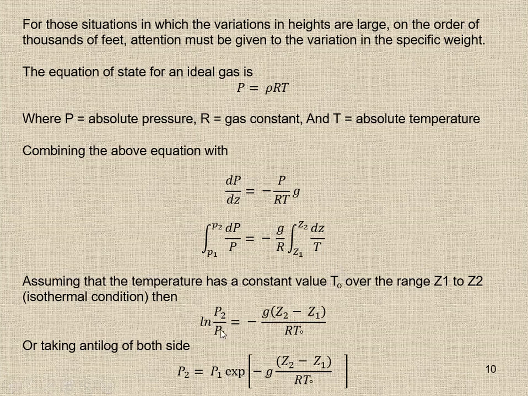We are keeping the temperature constant. Then we take the integral. So ln(P2/P1) equals minus g (Z2 minus Z1) over RT0, or taking the antilog of both sides, P2 equals P1 exponential of minus g (Z2 minus Z1) over RT0.